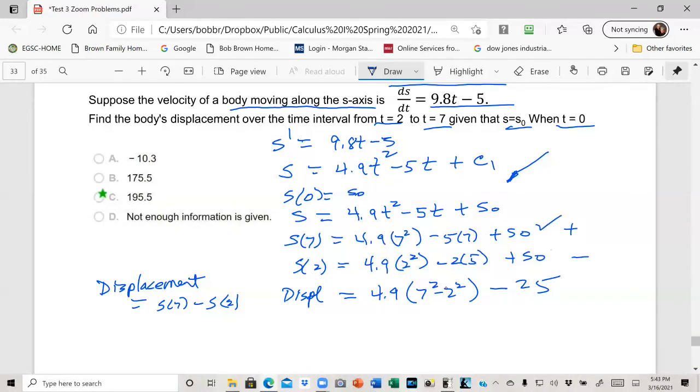Notice s naught minus s naught is 0. This is 35 minus 10, which is 25. And so multiplying that out, we get 195.5 is the displacement. And notice that we didn't have to know the initial position in order to get the displacement. The answer is 195.5.